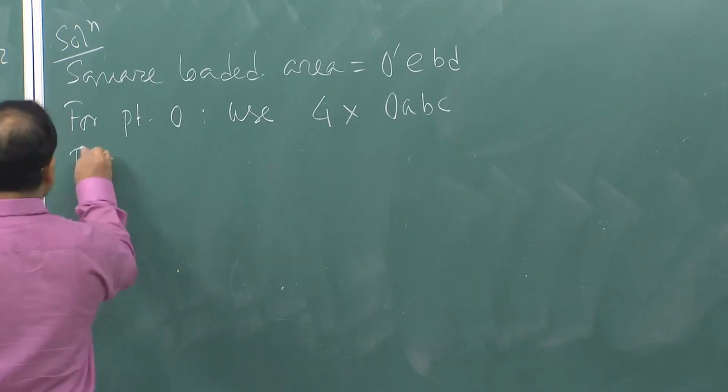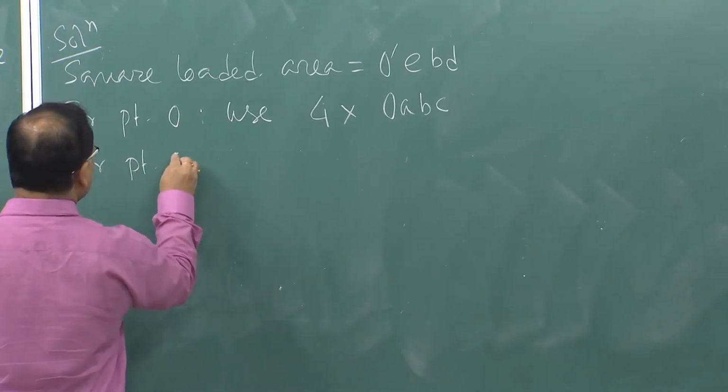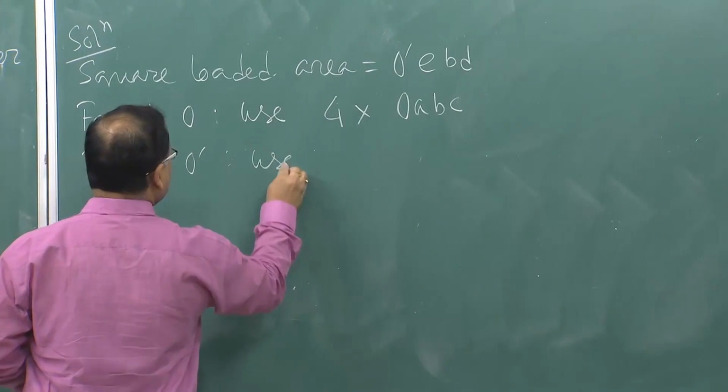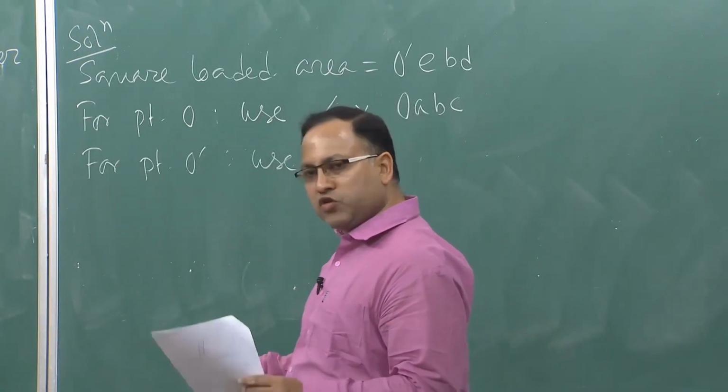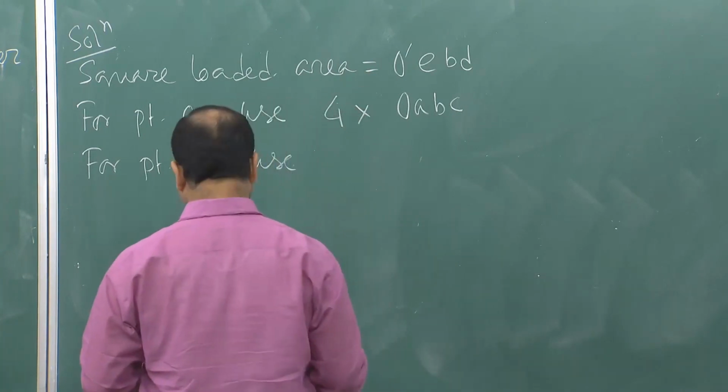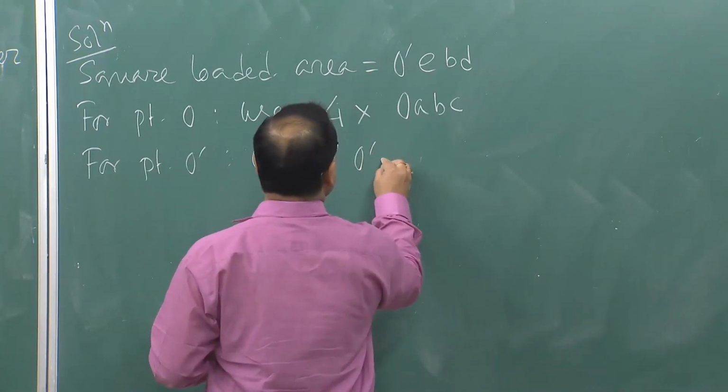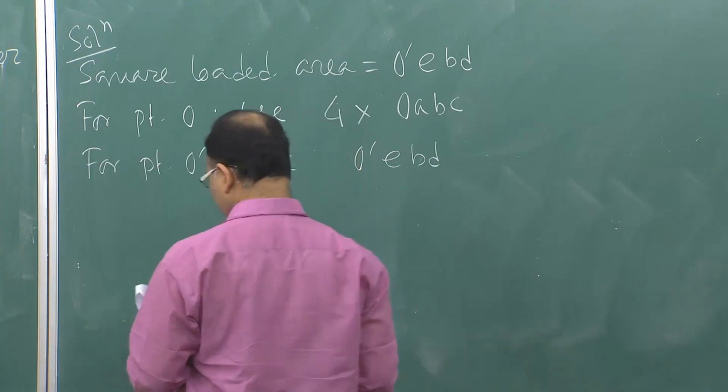Similarly, for point O prime, O prime is not a problem, O prime is the corner point of the actual area. So, for point O prime use O prime EBD. Okay.